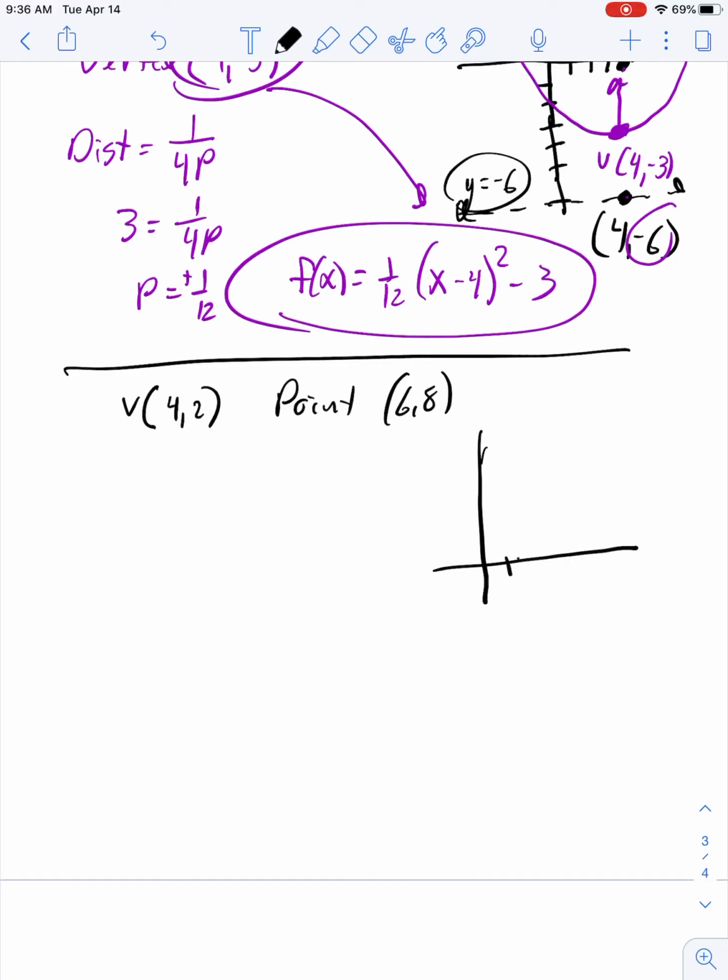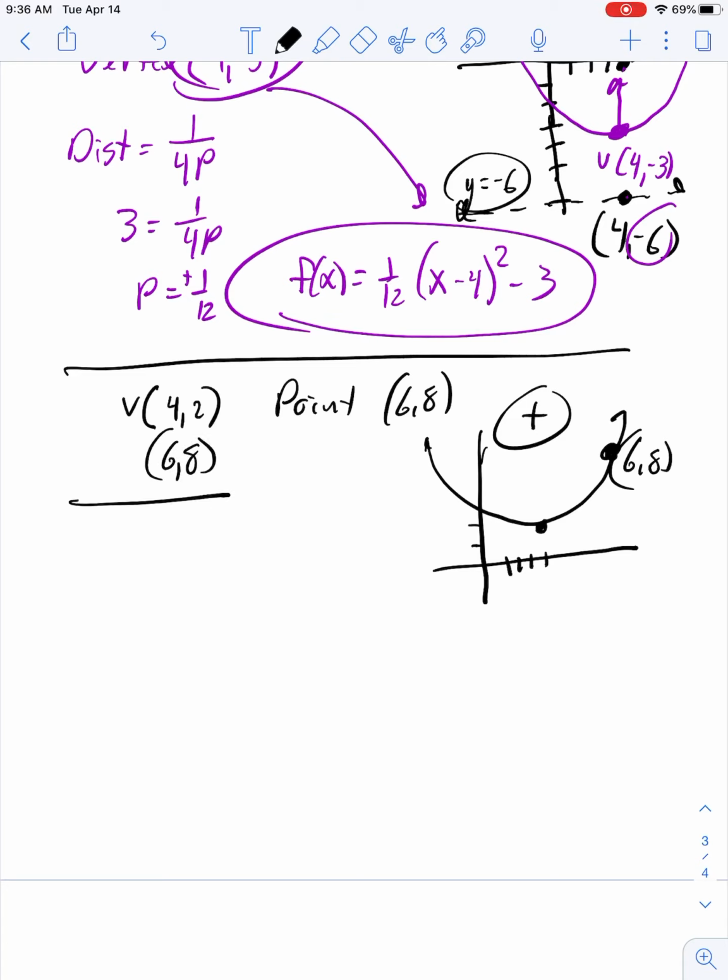So you have 4, 2, okay, and the point 6, 8. The only reason I know that is just so that it's going to be positive and not negative. So let's put the points underneath each other, 6, 8.